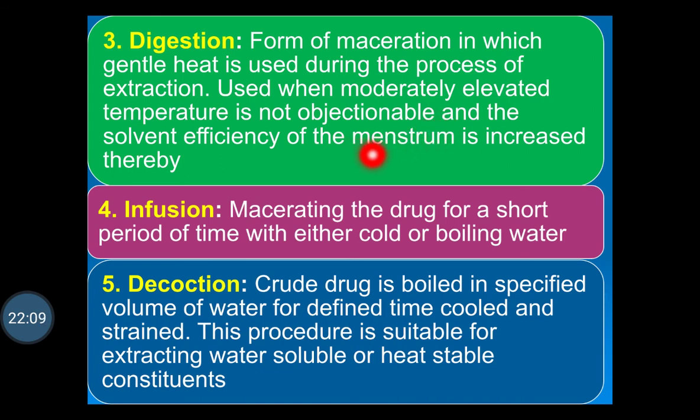Due to the increase in temperature in the case of digestion, the efficiency of the solvent increases and it will extract effectively the active chemical constituents present in the crude drug. Next is the infusion. Infusion is again a process of macerating the drug for a short period of time with either cold or boiling water.